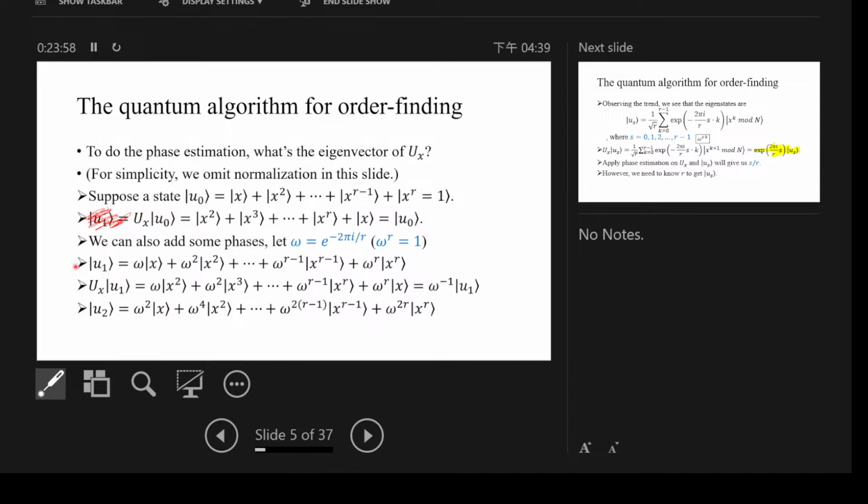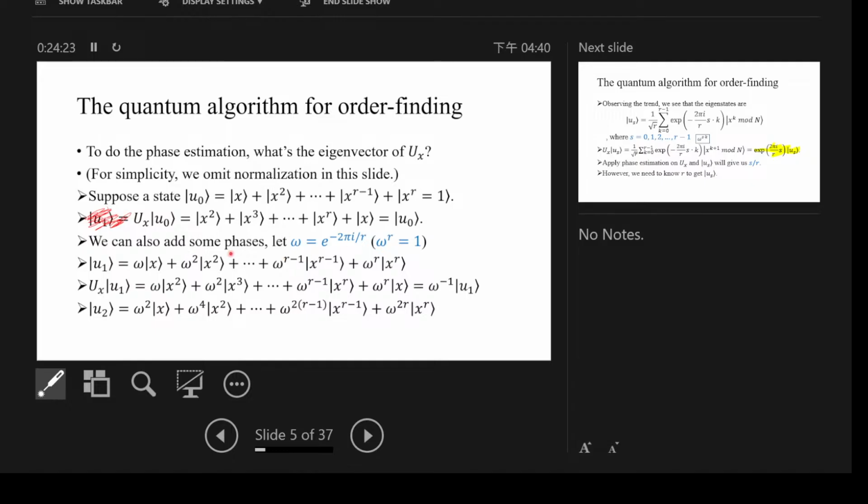That's not too interesting, but we can have this state with some modification. Now this is kind of similar to the Fourier transform ideas. So we can add some omega, where omega is an r-th root of 1. So let's assume omega is e to the minus 2 pi i divided by r.